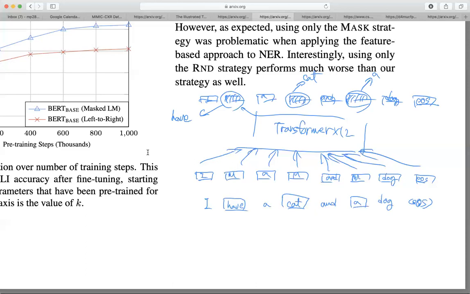You can extend it to have another sentence, because you want to use the pre-trained BERT model in downstream cases where you need to translate one sentence to another, or do question answering, where you have a given sentence and a question sentence, and you want to predict the answer to the question.